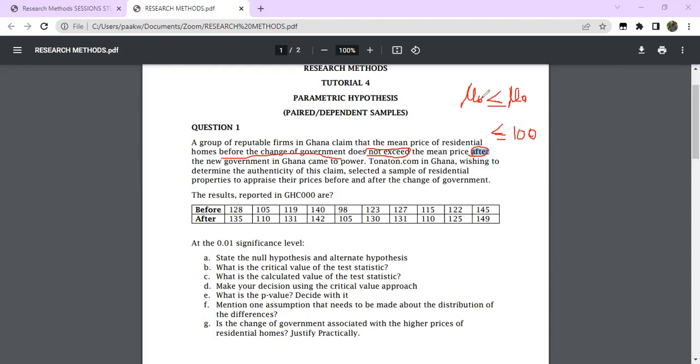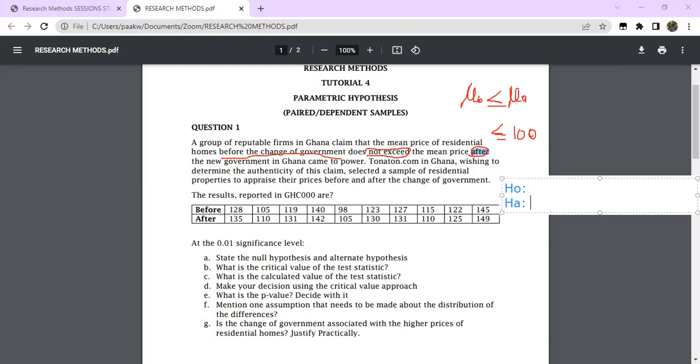So after using the before and after to formulate and know the sign, you then move on to use mu D, because it will always start with mu D. So H0 is such that, with the relationship here, it's for the null hypothesis, right?